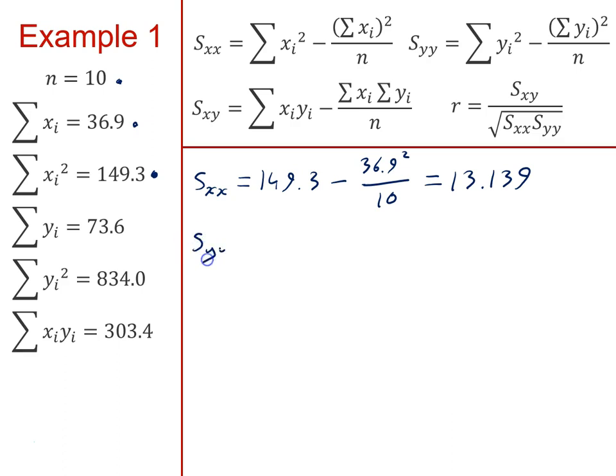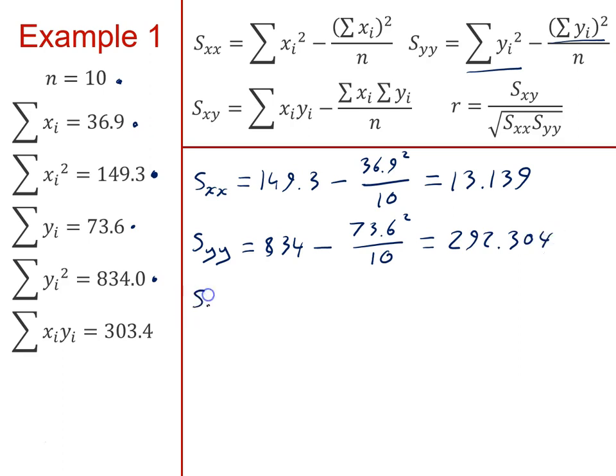Syy, similarly, it's the sum of the yi squareds, which is that one. So that's 834 minus the sum of all the y's squared over n is equal to 292.304. Sxy.